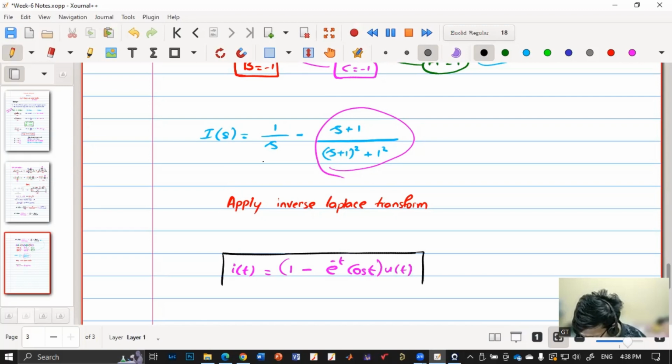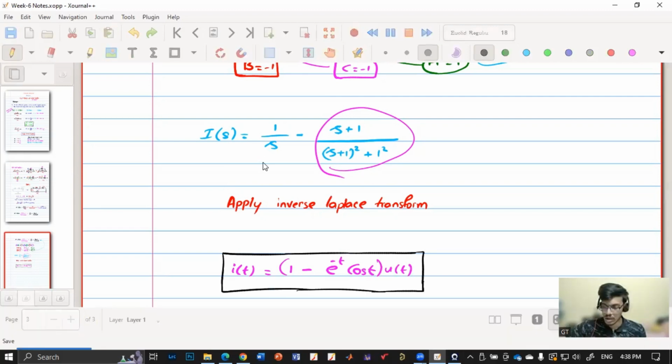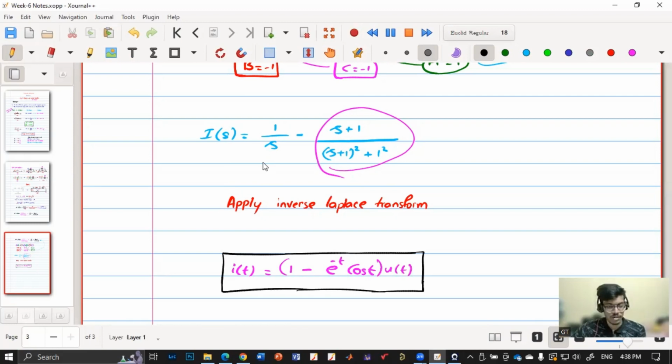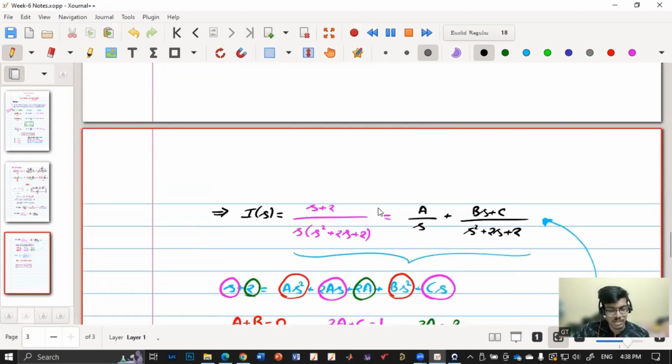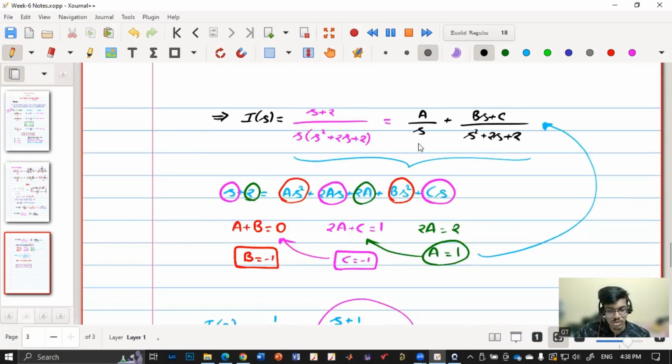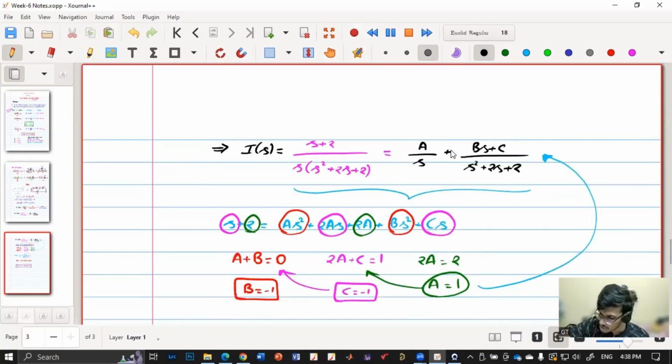If you see, we have just converted everything into the S domain, then solved it algebraically. After solving it algebraically, we got this I of S expression, and then we used the partial fractions concept.